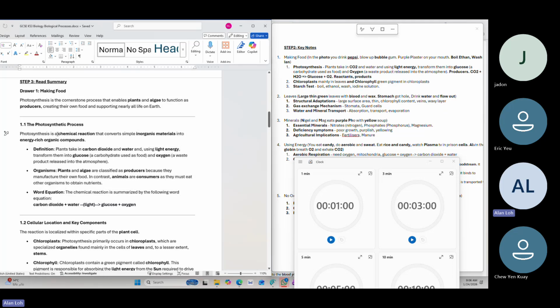Maybe this part is talking about photosynthesis being a chemical reaction that converts simple inorganic materials into energy-rich organic compounds, right? But I think this is not that important because it's already explained over here what exactly it is. The more important part is this one. This is the reactants and this is the product.